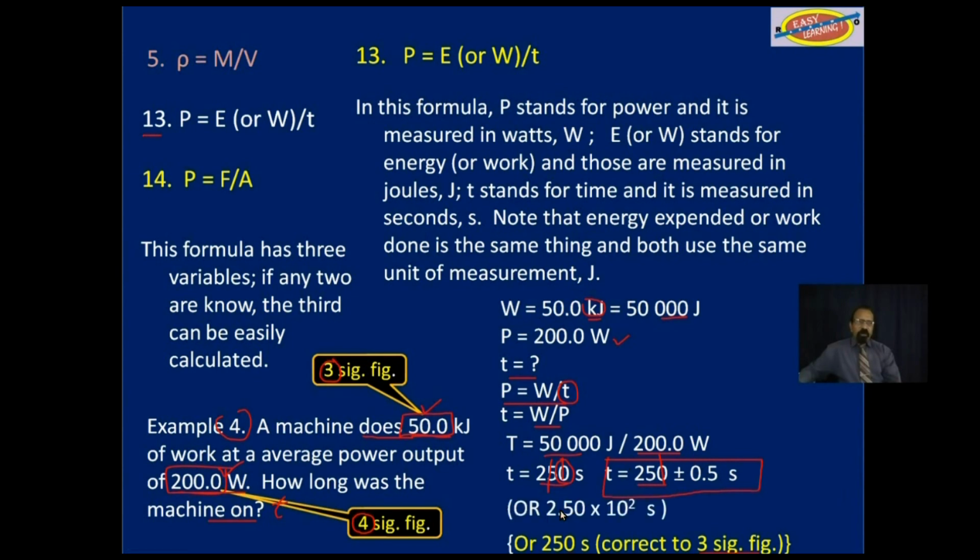Of course, you can also write it in standard form, which is 2.50 times 10 squared seconds. Notice the 3 significant figures there. This is the format here, this plus or minus, that CXC recommends, or rather that CXC requires.